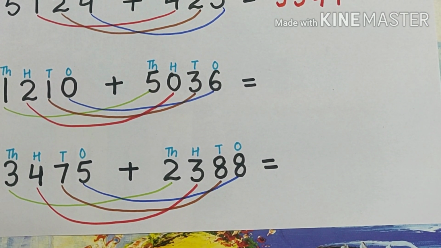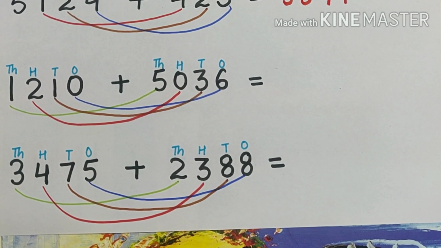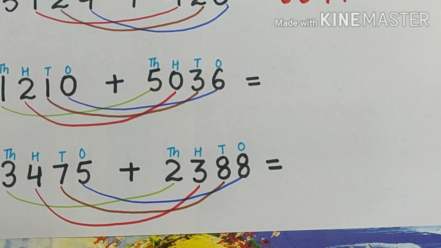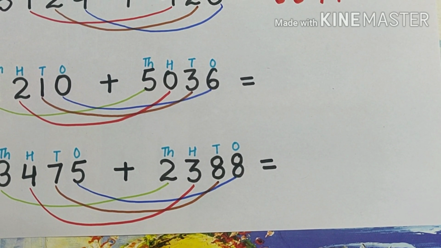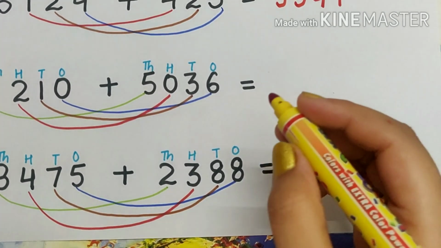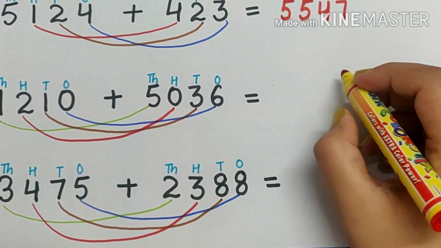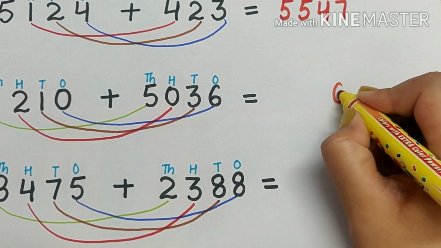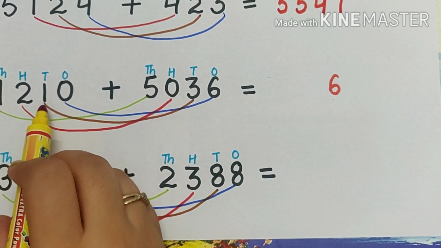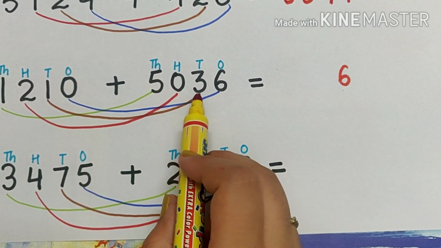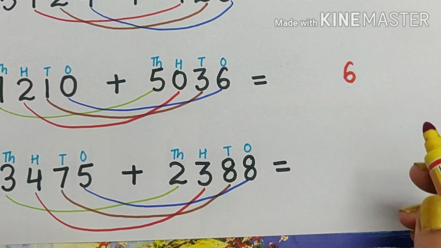As you have already learnt, this is one of the properties of addition. Whenever you add 0 to any number, you get the same number. So 0 plus 6 is 6. Then come to tens. 1 plus 3 is equal to 4.